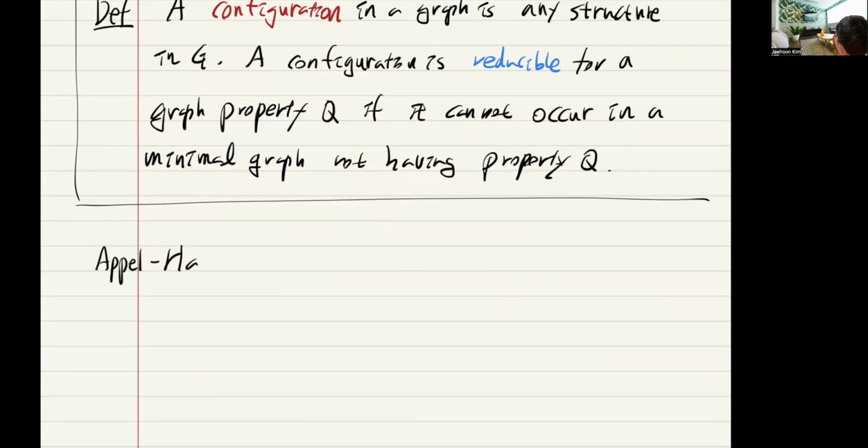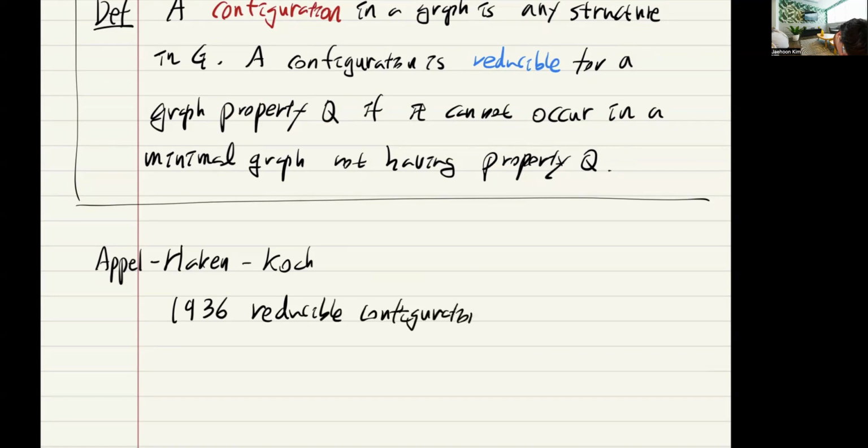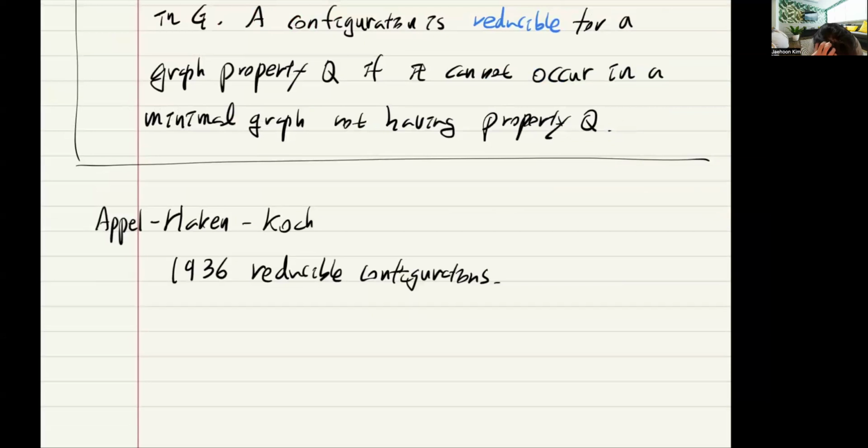Appel and Haken, together with Koch, used a computer to find 1936 reducible configurations. And they show that for each of these reducible configurations, you can extend the four coloring of a smaller subgraph to the entire graph if such a configuration appears in your planar graph.